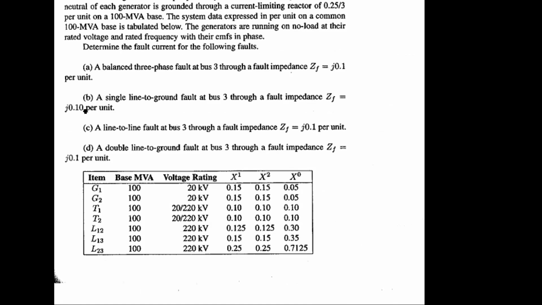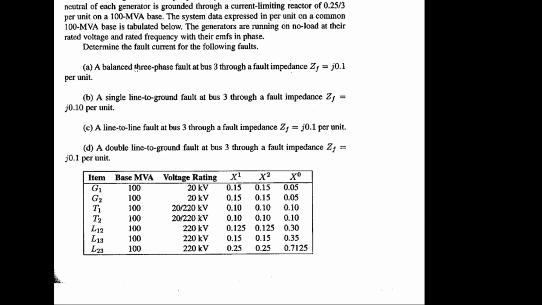That problem can also be solved by another approach, the ZBus building algorithm. That means your ZBus information will be given to you, and from that you can find the same solution for determination of fault current, bus voltage, and line current. These three pieces of information.